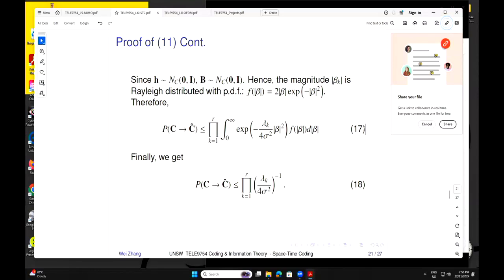So that is equation 17. Next, we just solve this. This integration is solvable, because it is like y, f(y) dy, with y squared. So you can simplify this integration. Finally, you can get equation 18. I skip this calculation. This is just a mathematical calculation, not too hard.